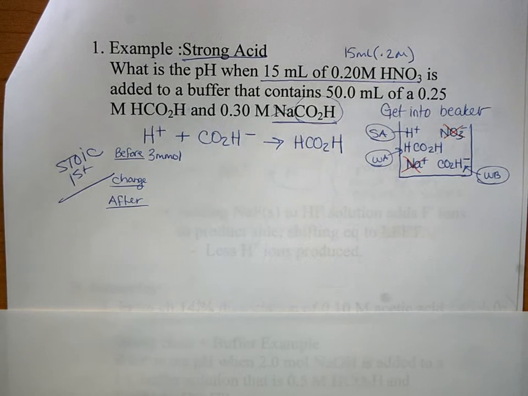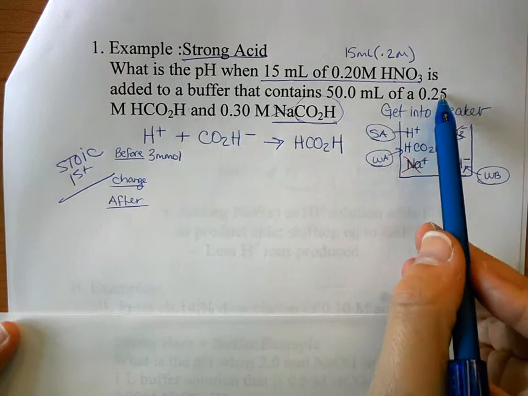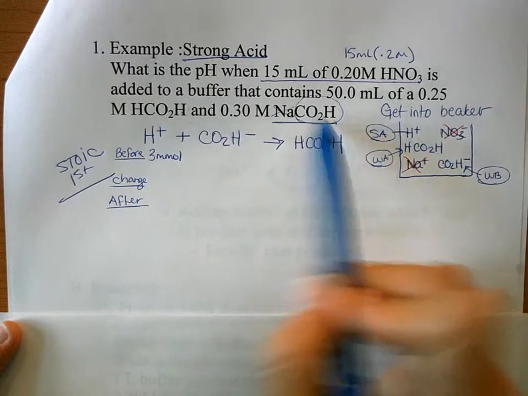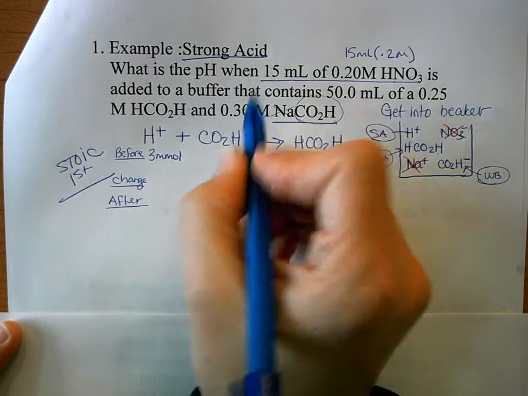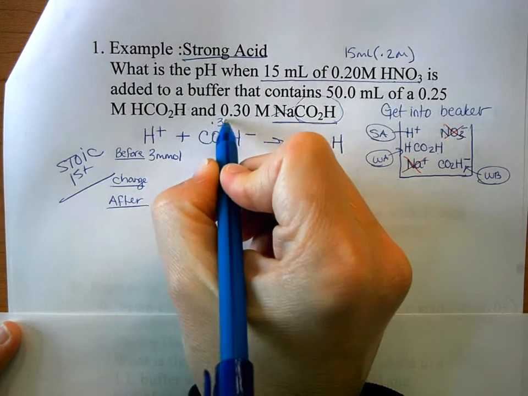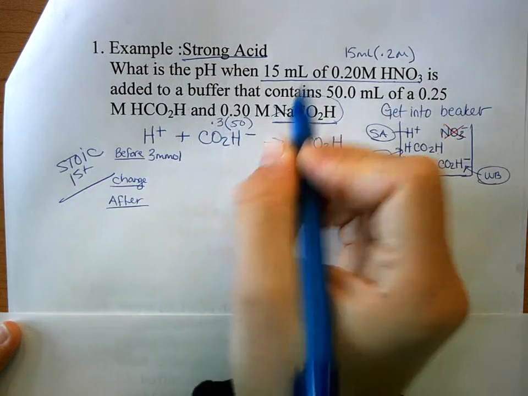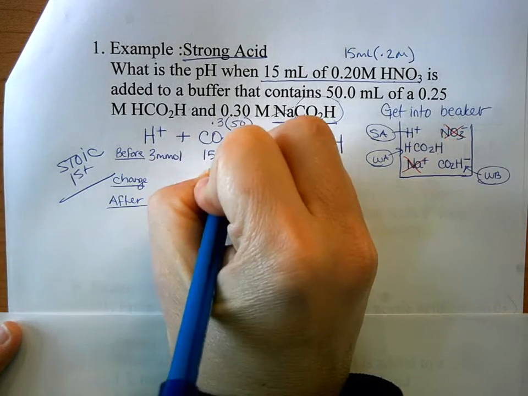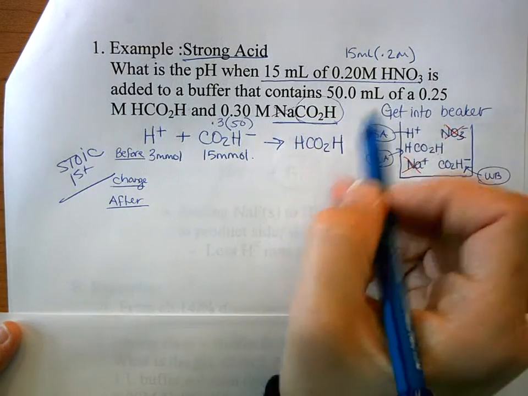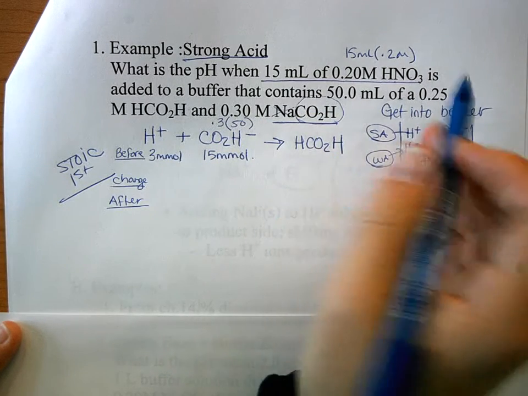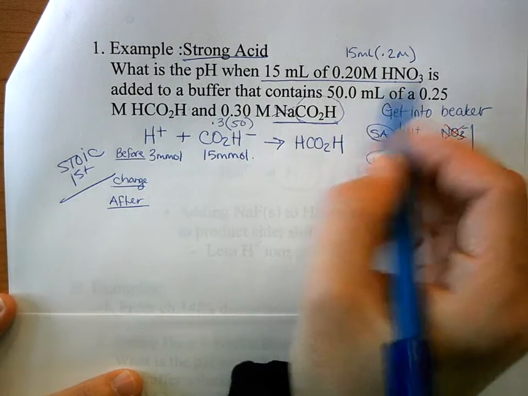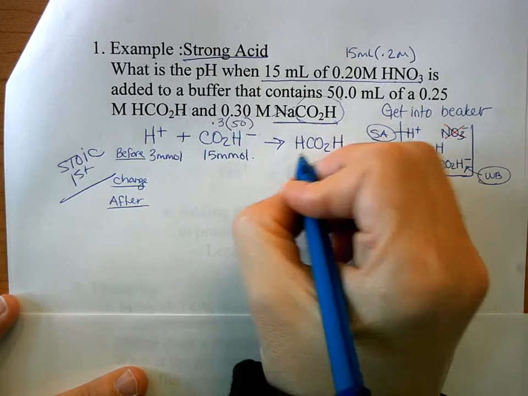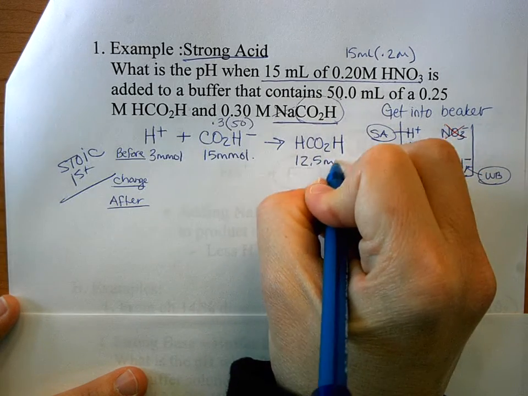My 50 milliliters is the combination of both of these guys. So I've got to take my 0.3 molar times the 50 milliliters to give me my millimoles of this ion right here, which gives me 15 millimoles. And then for my weak acid, again, 50 milliliters times my concentration of 0.25 gives me 12.5 millimoles.